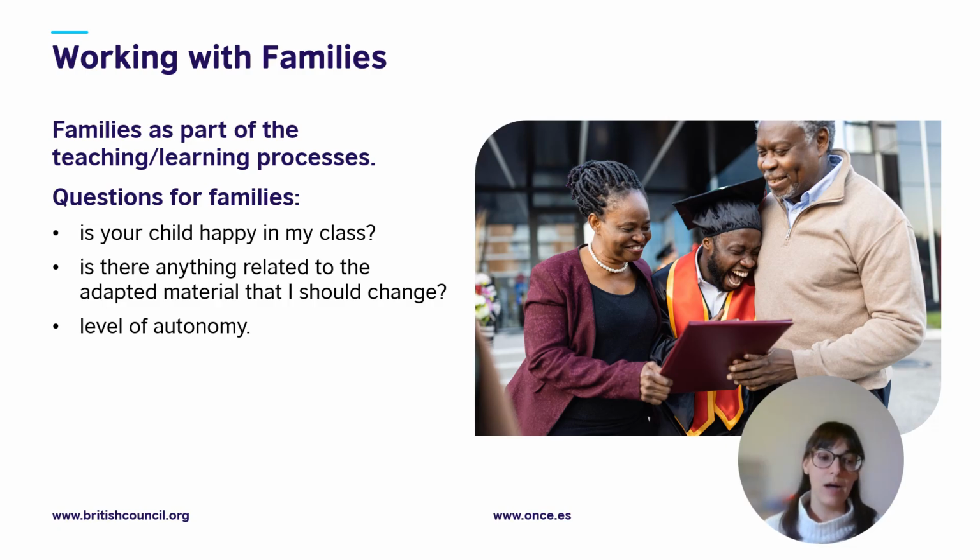So it's important to ask the family what level of autonomy the student has, in order to know ourselves what type of activities are good for this person, or what kind of task we can ask them to do. Okay, so remember that the level of autonomy is not always connected to the real age of the student, and it's a very important point to be discussed with families.